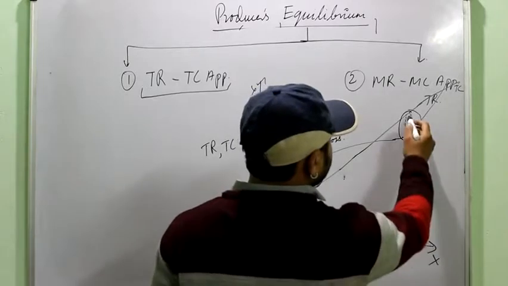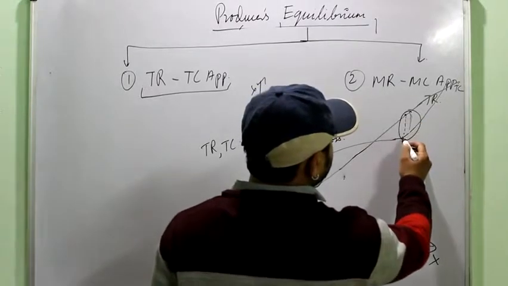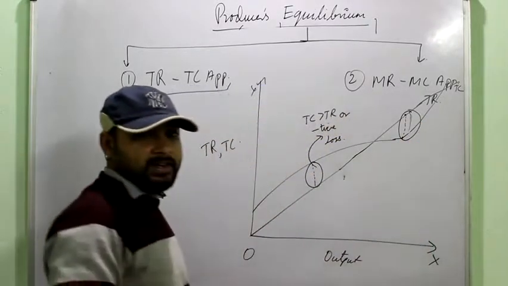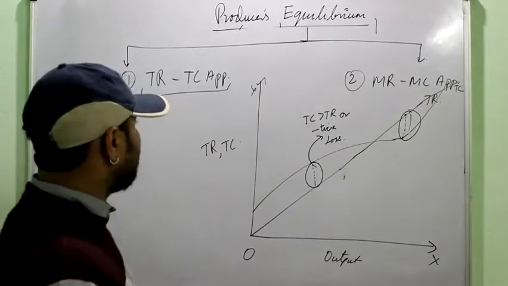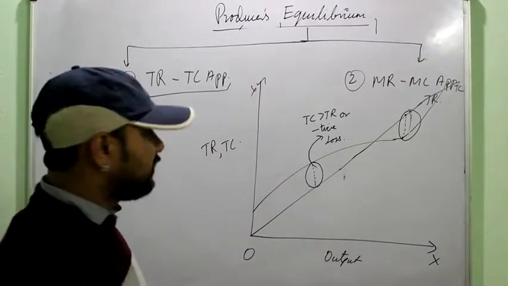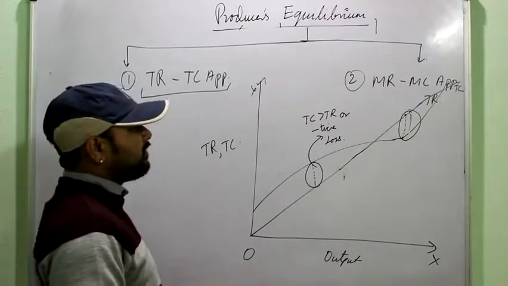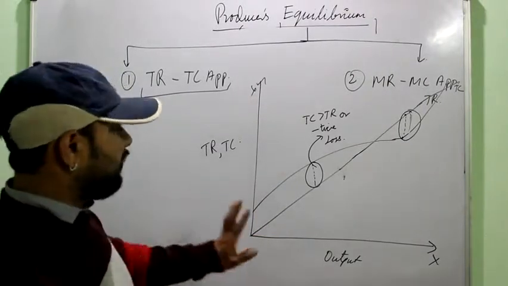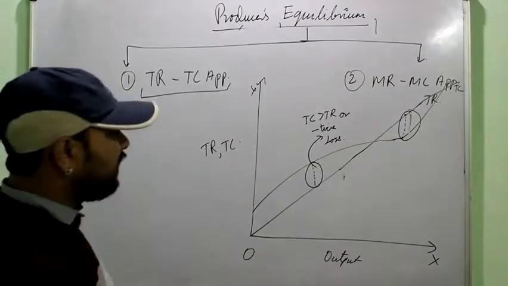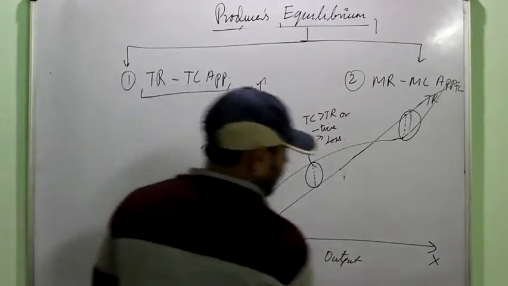So it means the maximum profit will be where there is the maximum difference between TR and TC, and TR should be more than TC. A simple approach. So whenever you are asked to do a particular question through this approach, you simply have to calculate the profit and see where it is maximum. That will be the producer's equilibrium.